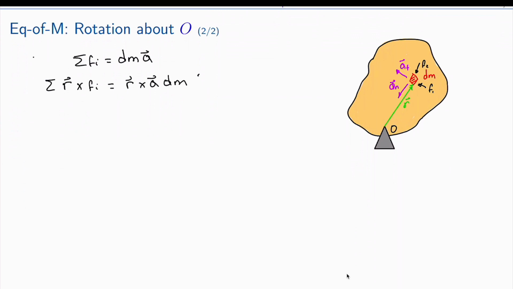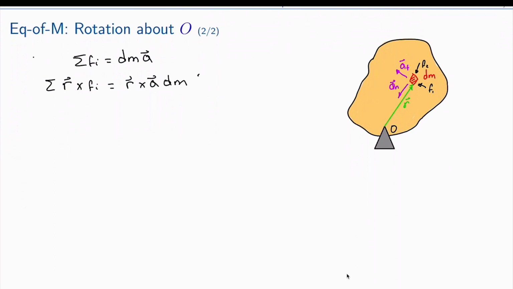Well, dm is a scalar, so I just put it in the later position. These are the moments for this particle, and now we have to do it for all the particles in our rigid body. So that means that we have to integrate.